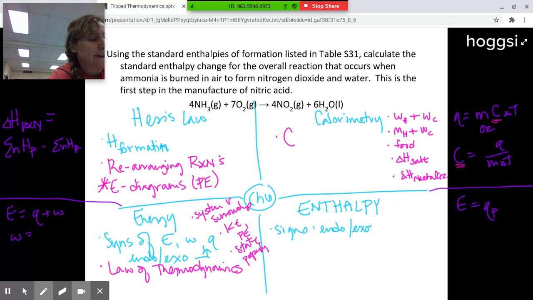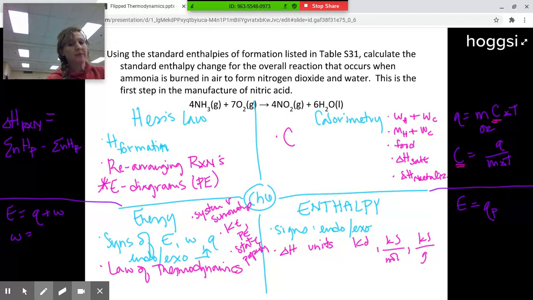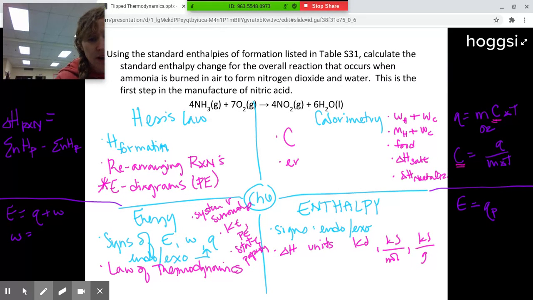Oh, maybe like enthalpy units. Like, is it kilogram or kilojoule? I mean, is it kilojoule per mole? Is it kilojoule per gram? Units that way. Calorimetry, you could also deal with like error in lab.